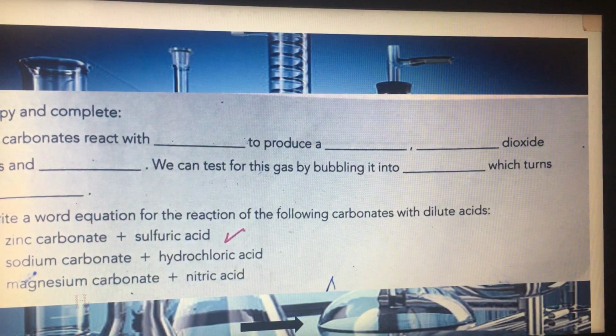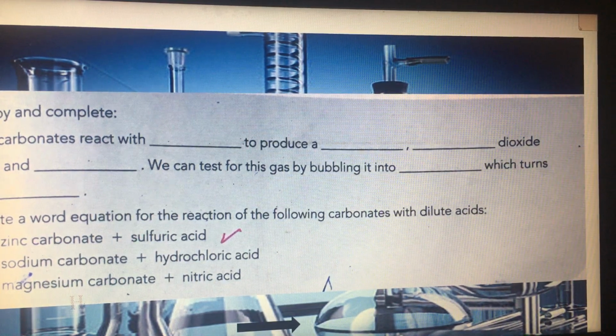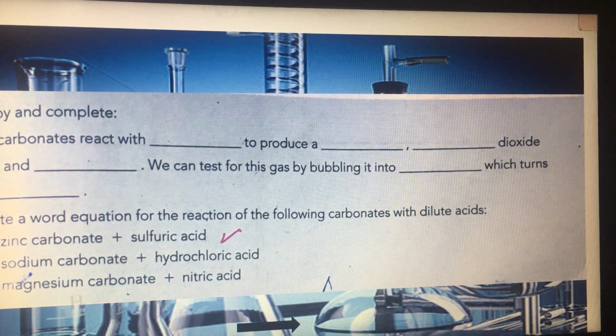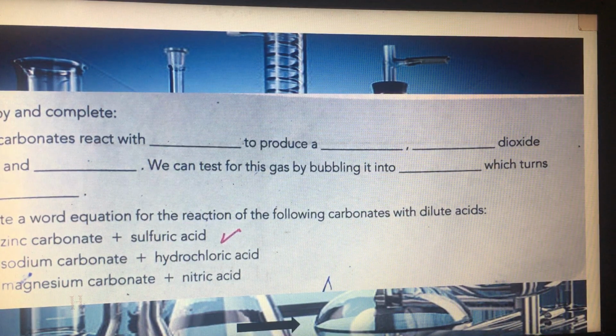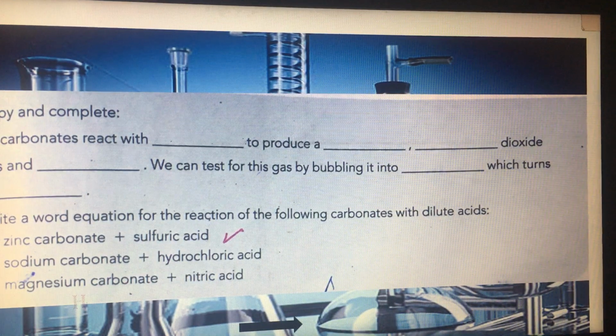Okay, now let's answer the summary questions together. Copy and complete. Let's start with the first ones. Try to answer them alone, then check your answers with me. All carbonates react with acids to produce a salt, carbon dioxide, and water.